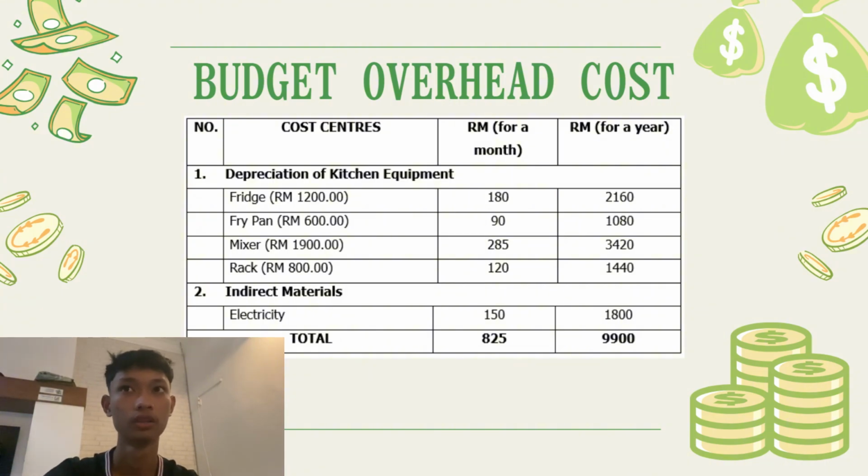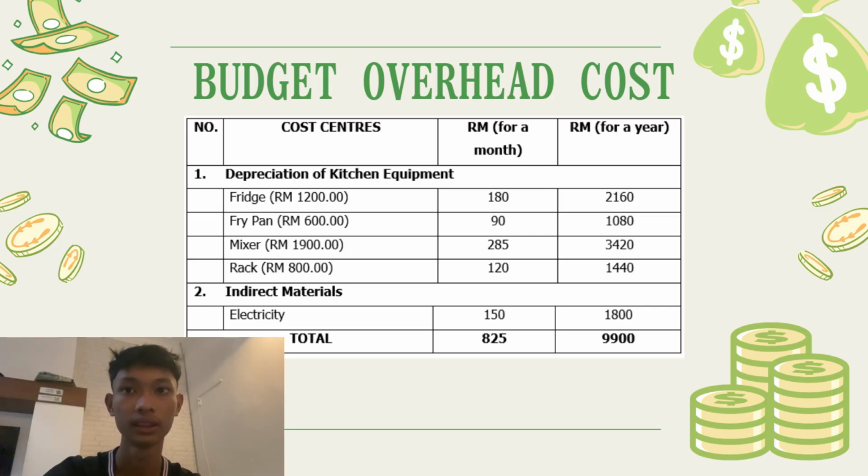So number one, we have depreciation of kitchen equipment. We have freight is RM 1,200, and for a month is 180 ringgit, and for a year is 2,160 ringgit. For fry pan is RM 600, and for a month is 90 ringgit, and for a year is 1,080 ringgit.